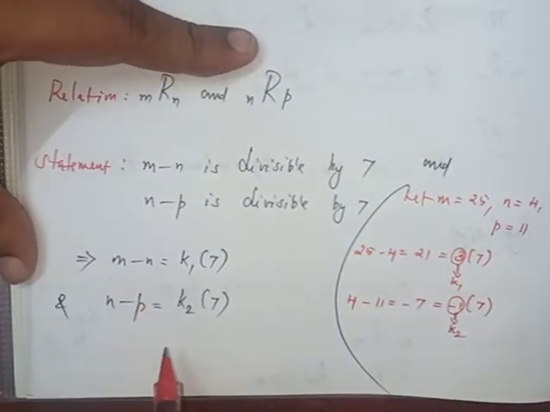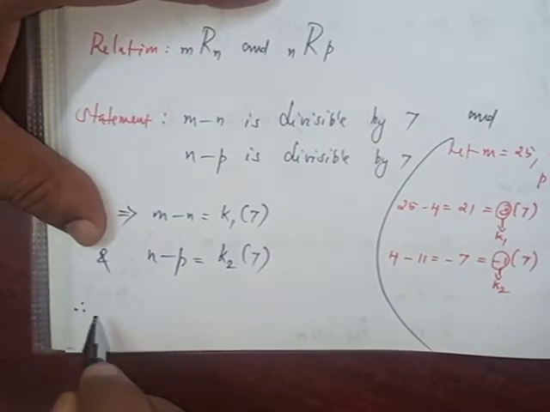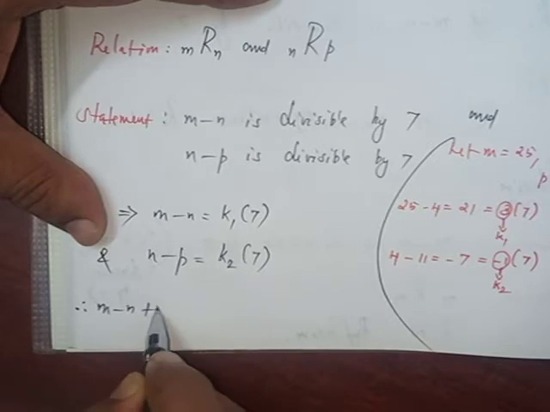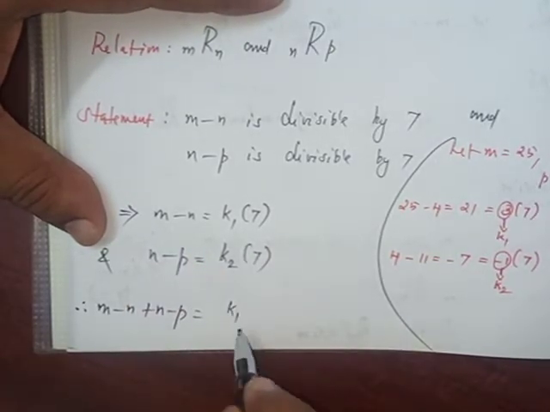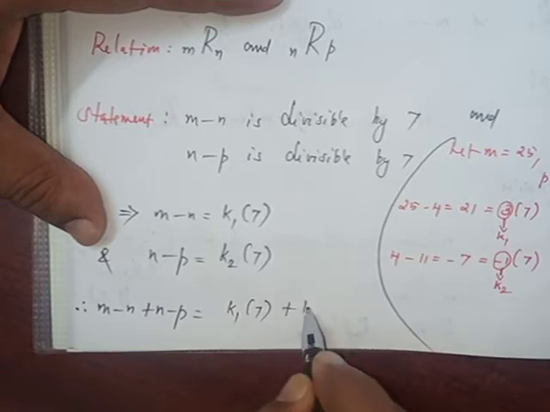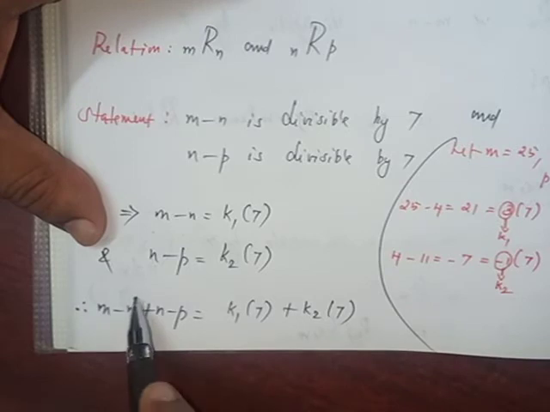Now I am going to add these two. Therefore m minus n plus n minus p, add these two. If we add k1 into 7 plus k2 into 7, you have to add the right hand side also. Minus n plus n get cancelled, we get m minus p.